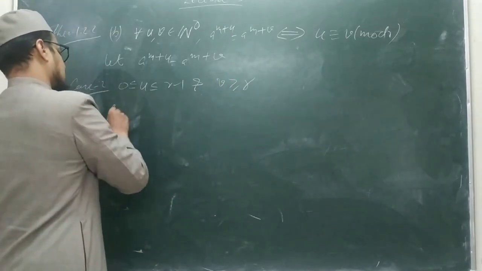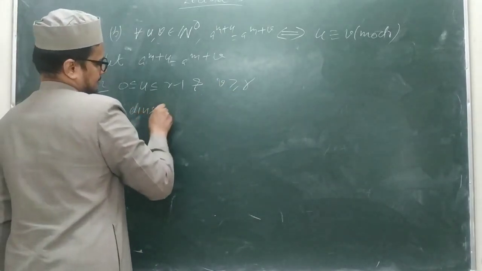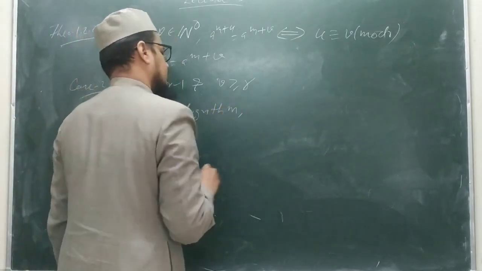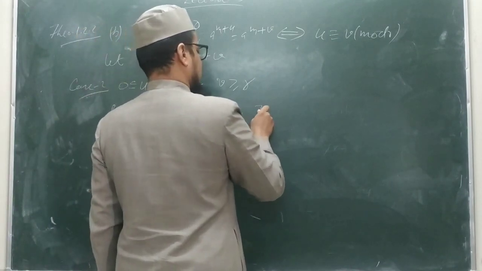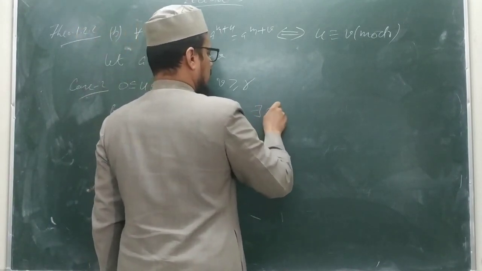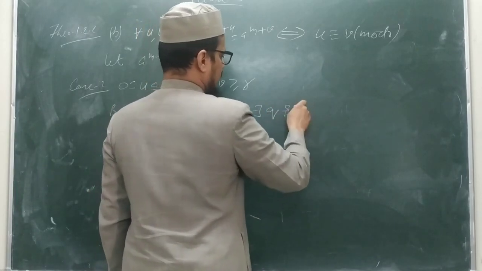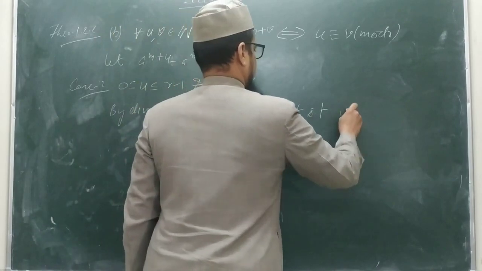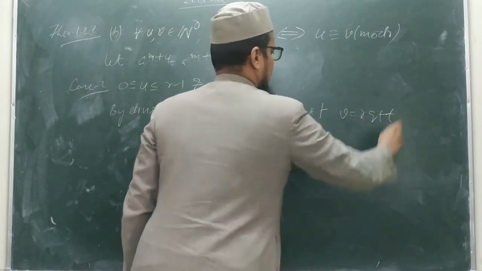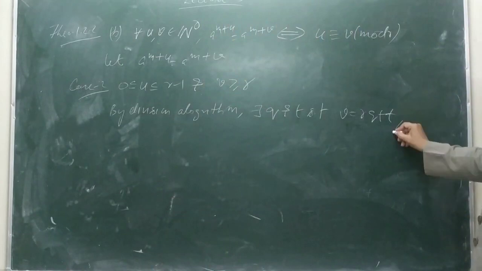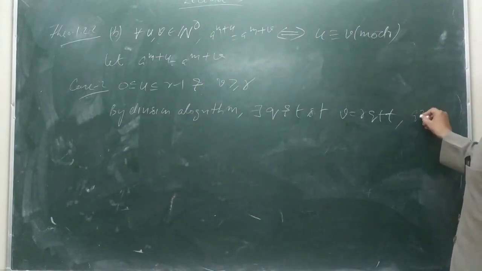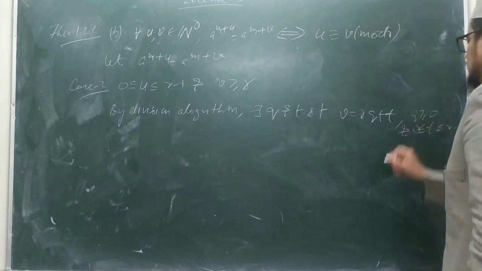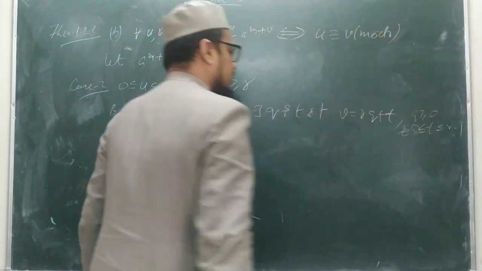That is, by the division algorithm, there exist q and t such that v is equal to rq plus t, where q is greater than or equal to 0 and t lies between 0 and r minus 1. This we have. Correct?